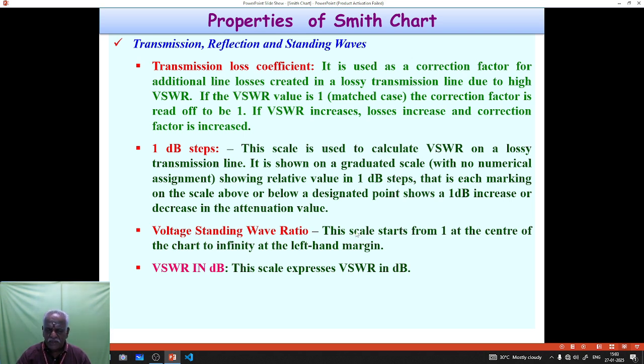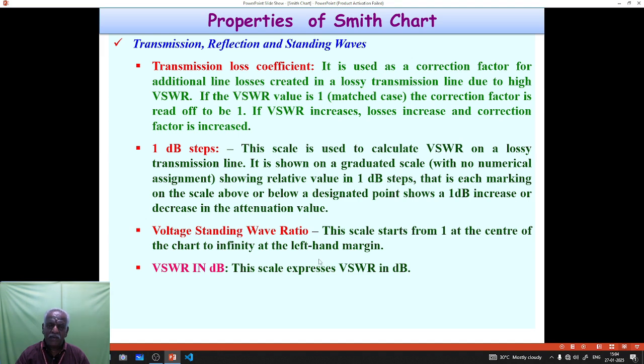Voltage standing wave ratio. This scale starts from 1 at the center of the chart to infinity at the right hand margin. That means the minimum value of VSWR is 1, and it goes to infinity for the short circuited case and open circuited case. VSWR is also measured in dB, so you have to take 20 log of the VSWR value.